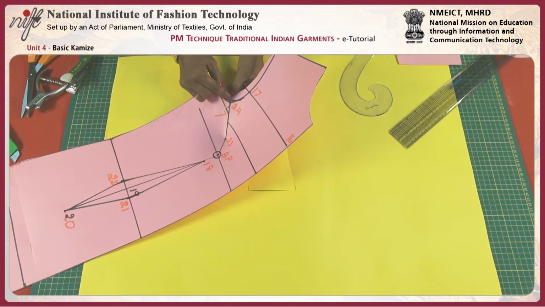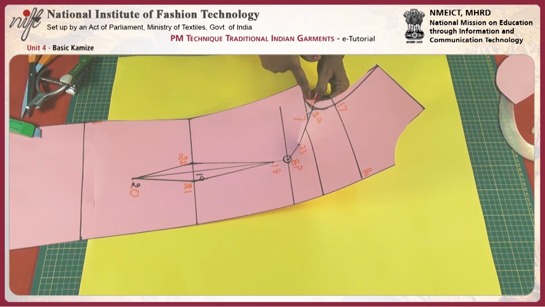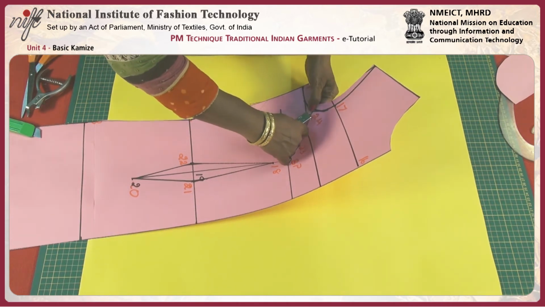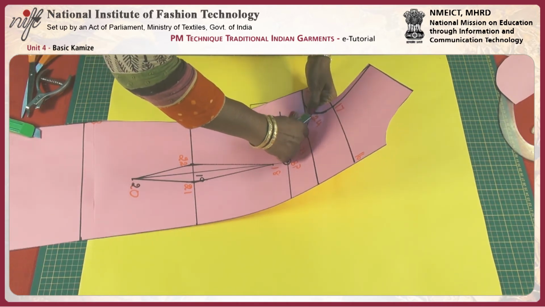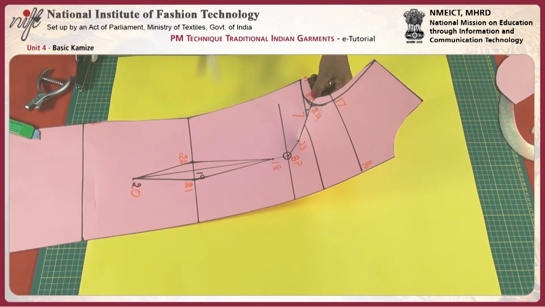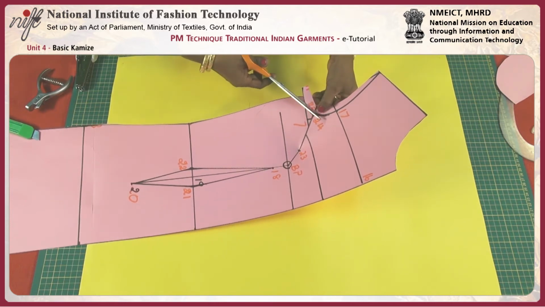Now we extend the curve. Now the armhole seam line is corrected with the new curve, and remove the staple, and you can start cutting on the armhole.